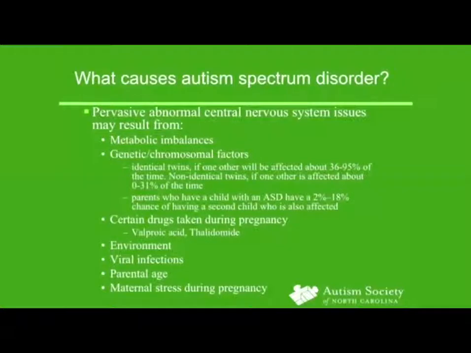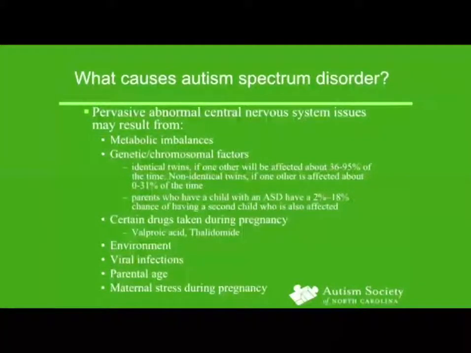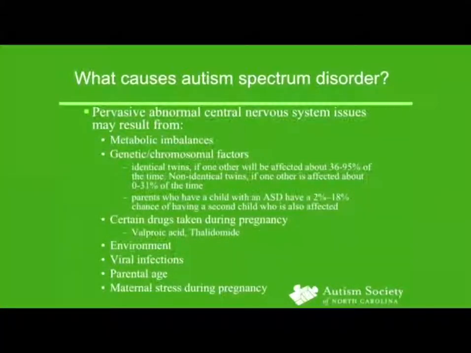Lots of research has been dumped into the genetic research, and it has proven that there are genetic predispositions to autism. For example, if one twin has autism, the other twin is much more likely to have autism as well. Same thing holds true for individuals who have one child with autism and then have another child. They're at higher risk to have a second child with autism as well.